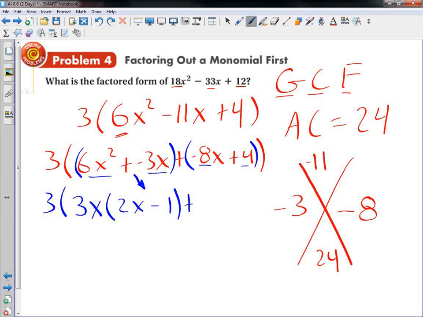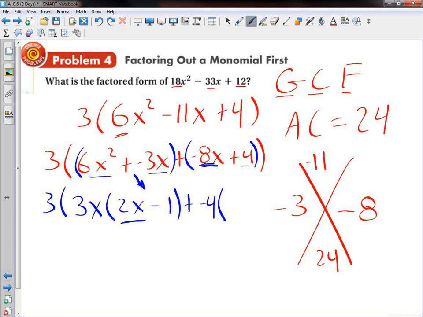Now here is where we need to look ahead to make sure we do the right thing, okay? Because the quick answer would be 4, right? We're going to factor out a 4. But if I factor out a 4 from negative 8x, I'm going to be left with negative 2. And what do I want to match up? I want to be left with a positive 2. So that's why I'm going to factor out a negative 4 here.